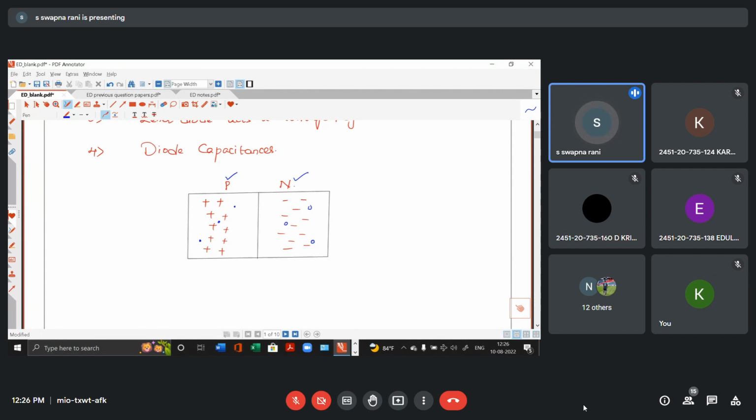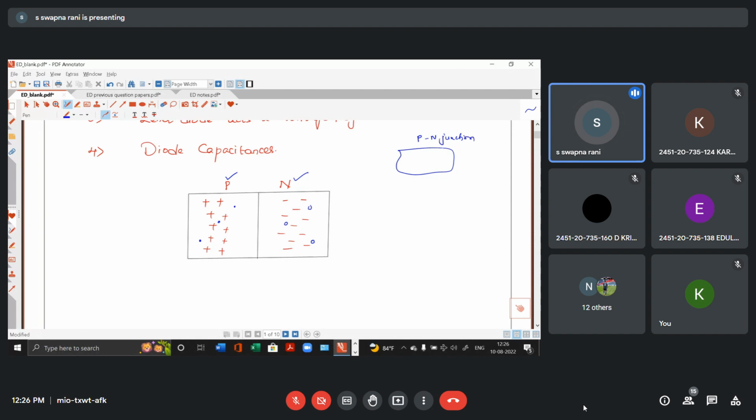There are more electrons in the N-type material, which are the majority, and the blue holes are very few, so these are minority charge carriers. Let us say this is a PN junction. I am not representing the junction line.